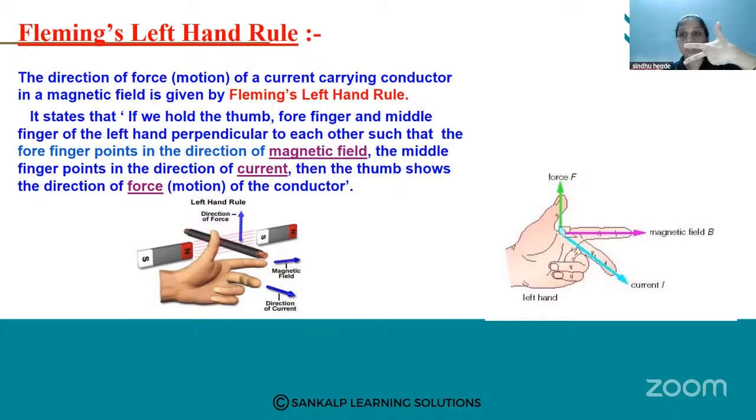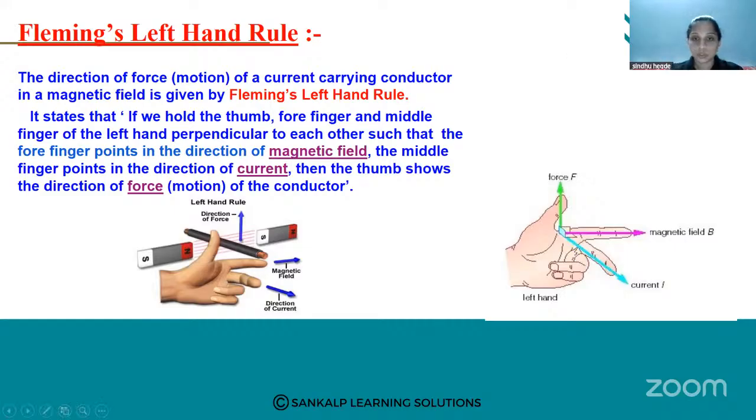Okay, first stretch the three fingers of your left hand. This is the thumb, this is the forefinger, and this is the middle finger of the left hand. So all three fingers are perpendicular to each other, right? Thumb, forefinger and middle finger, they are perpendicular to each other. See here, we know that perpendicular is shown like this, right?